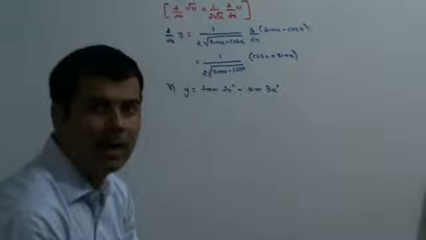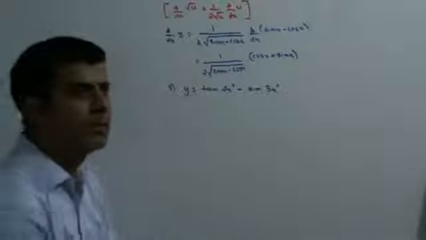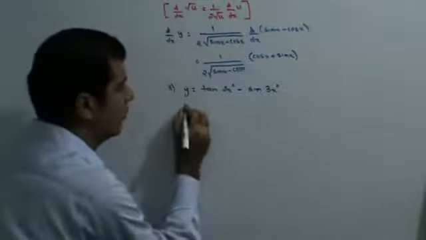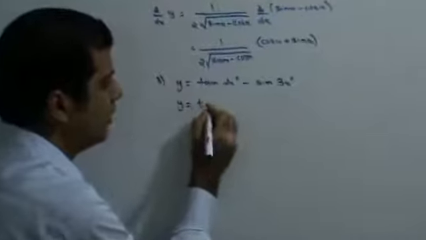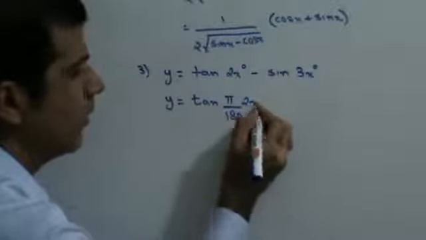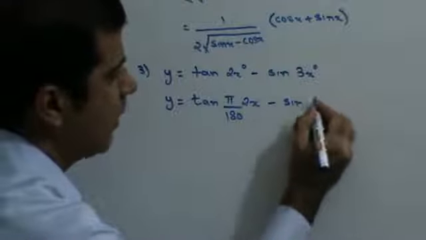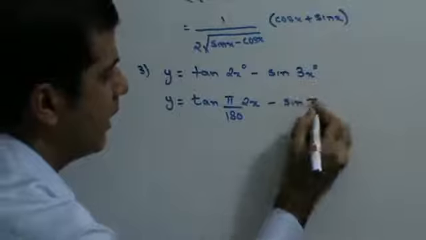All formulas are applicable only when the angle is in radians. Now how do I convert this into radians? To convert this into radians, I'm going to multiply by pi divided by 180. Similarly, to convert this into radians, I'm going to multiply by pi divided by 180.